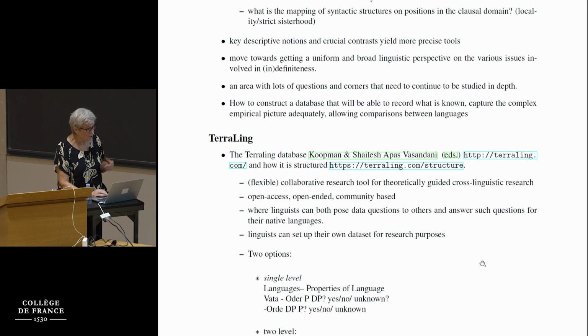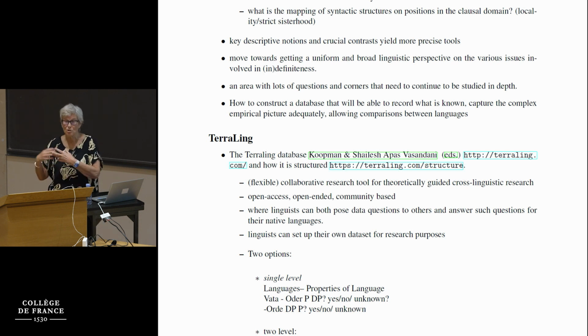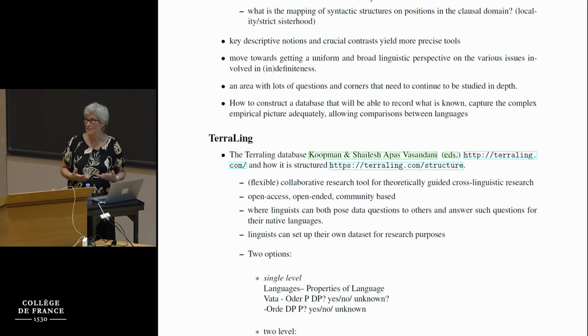All right. So I'm going to talk now about how we construct a database that will be able to record what is known. So, capture the empirical picture adequately, allow for comparison between languages, and serve as a resource for theoretical linguists.